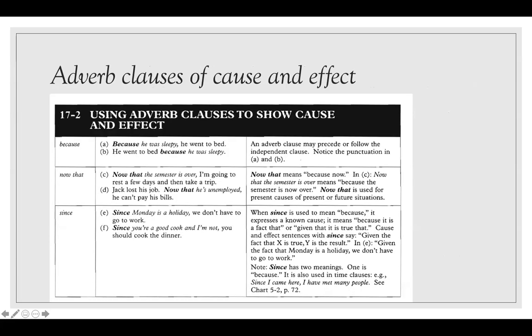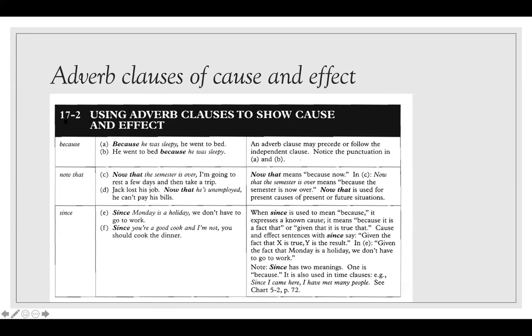Then we have our first type of adverb clauses that was described by Azar, those that describe cause and effect. An adverb clause may precede or follow the independent clause. Notice the punctuation in A and B. A and B are adverb clauses of cause and effect, using the word because.